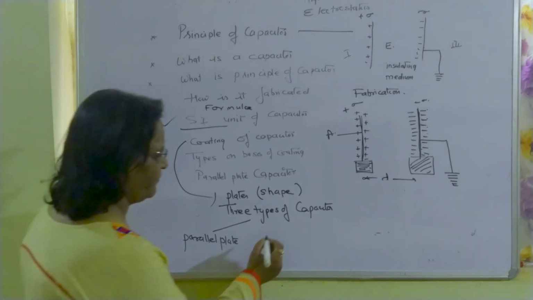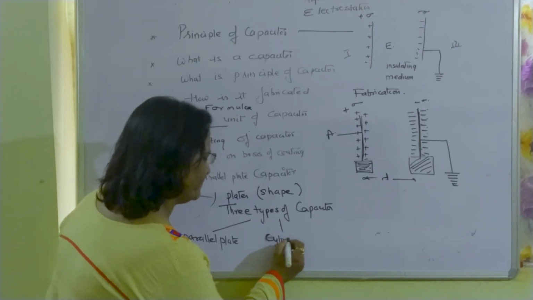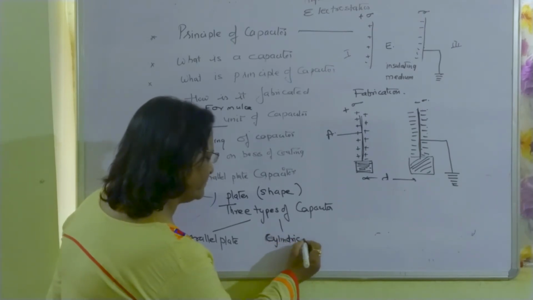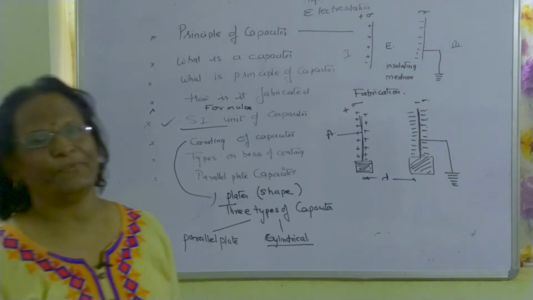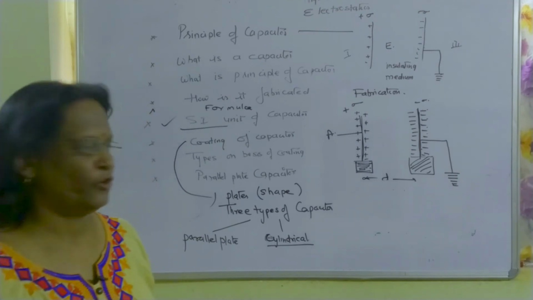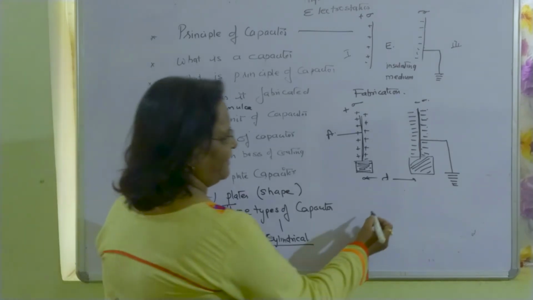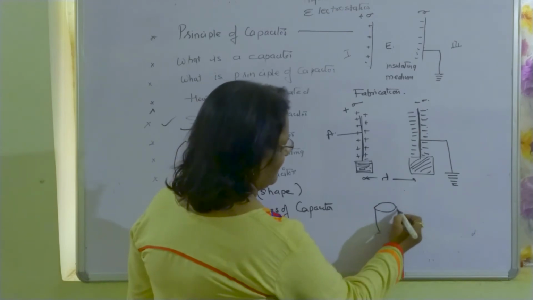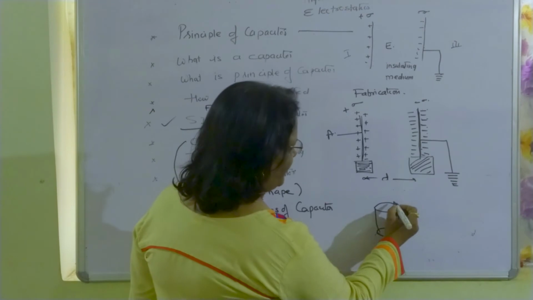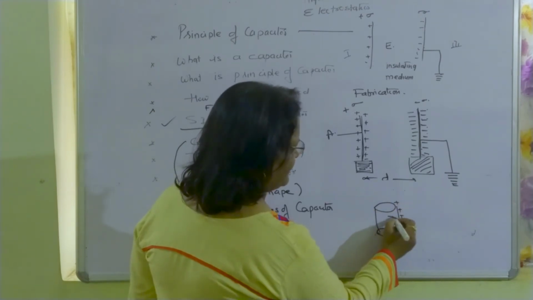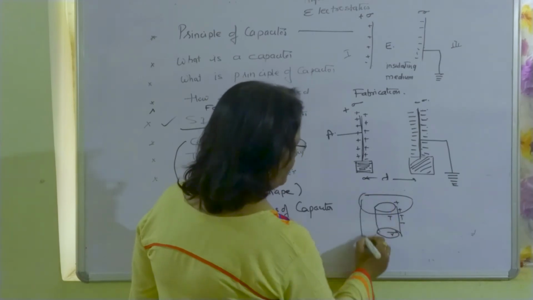Now the second one is cylindrical. From the word itself, the coatings should be cylindrical. So the first plate will be cylindrical, having a particular radius, on which we are going to supply the charges, and the outer plate will be connected to earth.